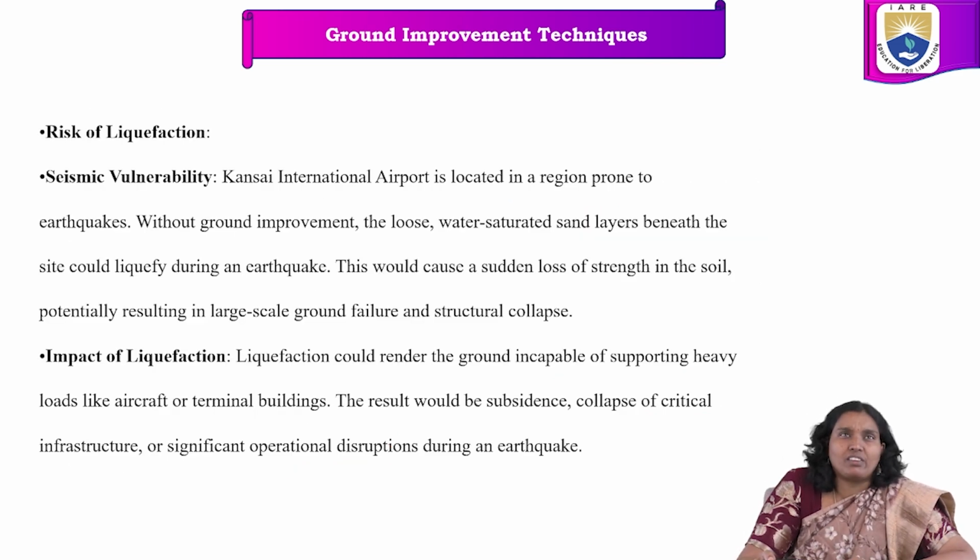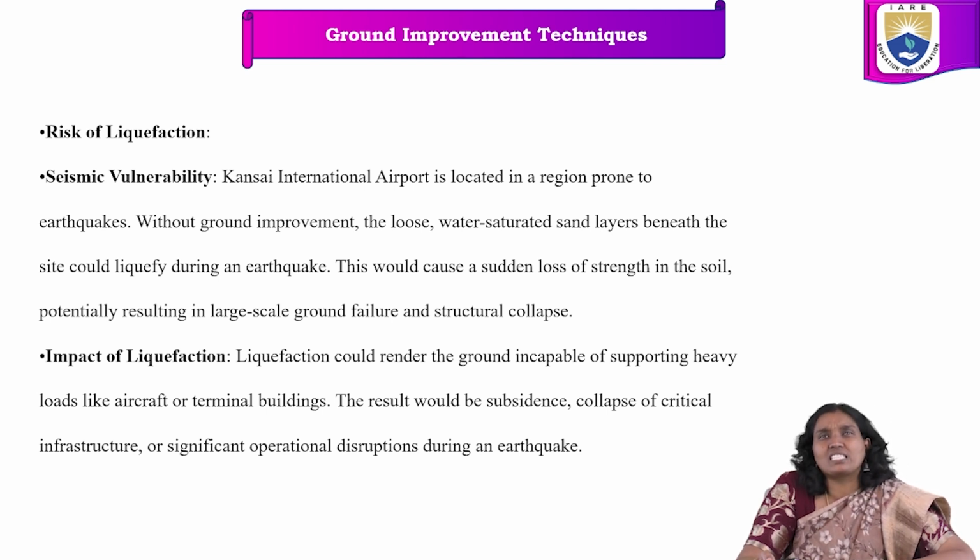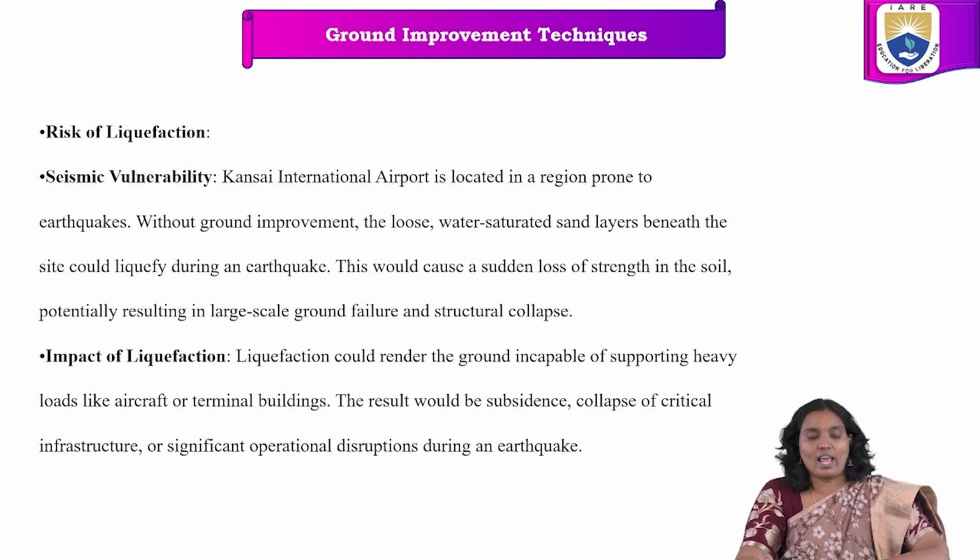In risk of liquefaction, seismic vulnerability: this particular area is located in a region prone to earthquakes. Without ground improvement of the loose water-saturated sand layers, the site could be liquefied during an earthquake. This would cause a sudden loss of strength in the soil, resulting in large-scale ground failure and structural collapse.